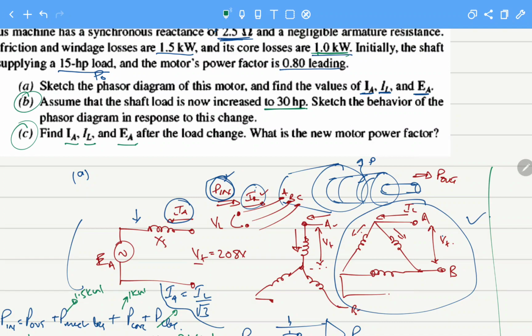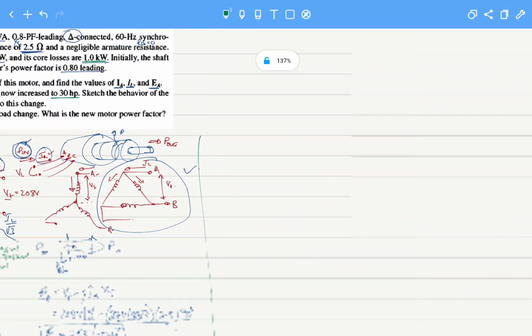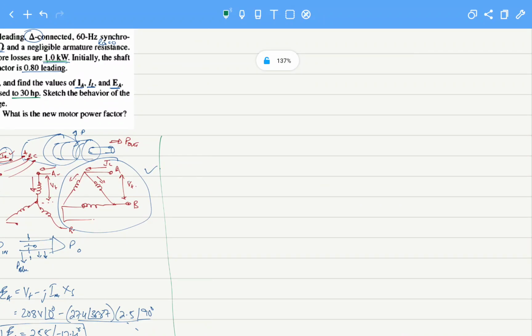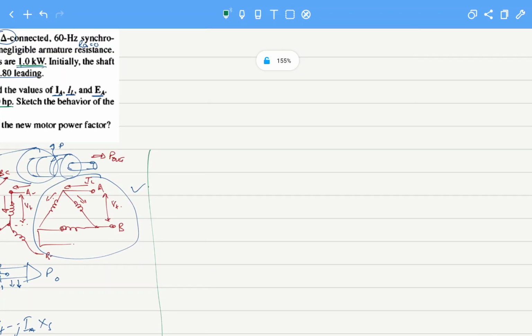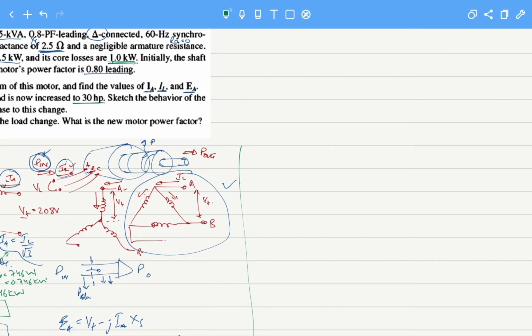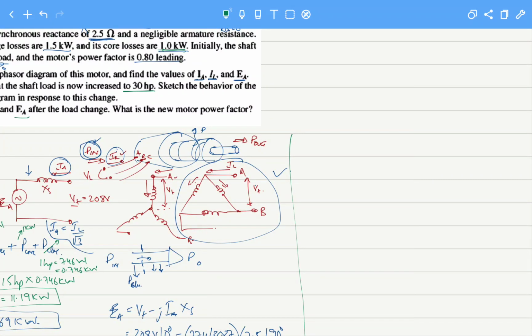Again, IA is the per phase equivalent armature current moving into the machine. IL is the line current moving into the machine, and EA is the internally generated voltage for the per phase equivalent. So how can we calculate this? The very important thing you need to know is that for synchronous motors, what they have done is they have increased the load.